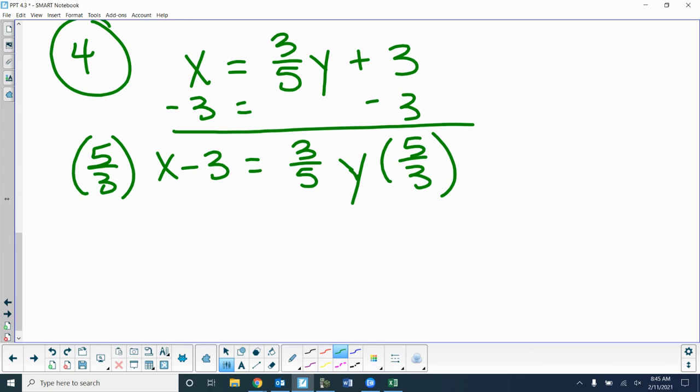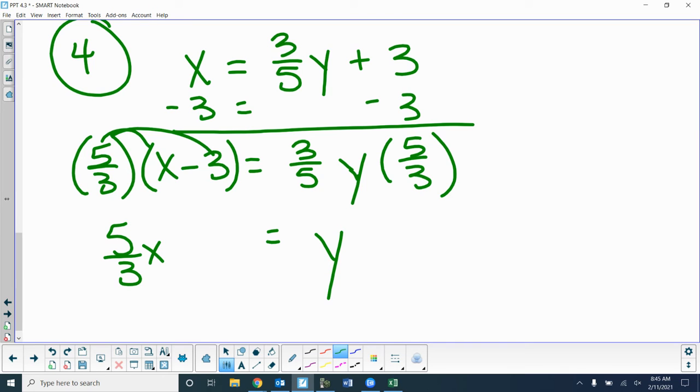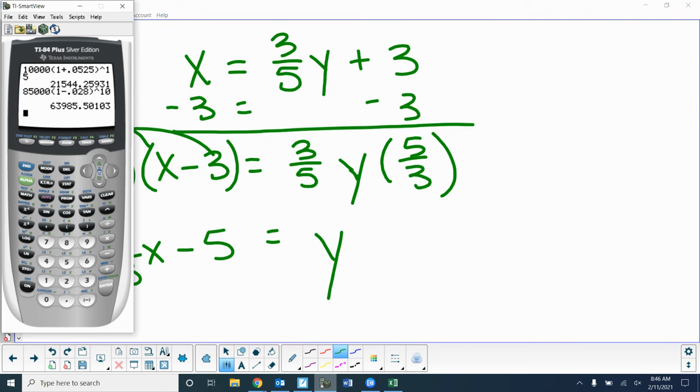Okay, but remember, you have to do both of those times 5/3, not just one of them. All right. So if you need to put it in parentheses to remember that you're going to distribute, go ahead. So we got our y over here. And then 5/3 times x is just 5/3 x, or 5x over 3 if you want to put the x in the numerator. And then 5/3 times -3, put that in your calculator, it's -5.